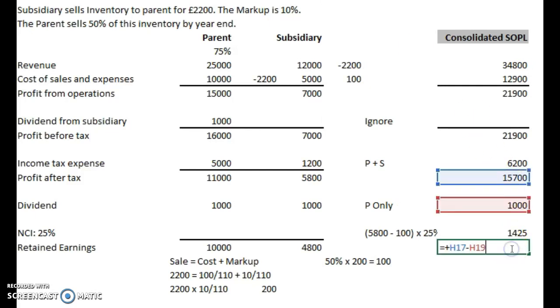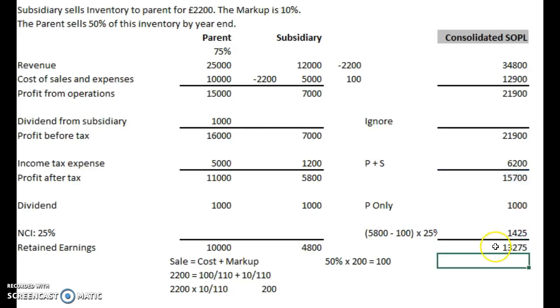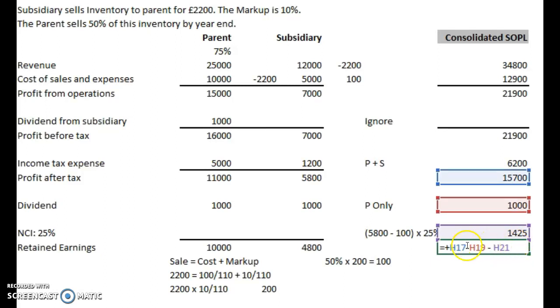And of course we need to remove this from the retained earnings from the group. Gives us a total of 13,275. So this final figure is profit after tax minus the parent's dividend, money going out of the business, less the NCI's share of the subsidiary's profit including this adjustment for the PUP.